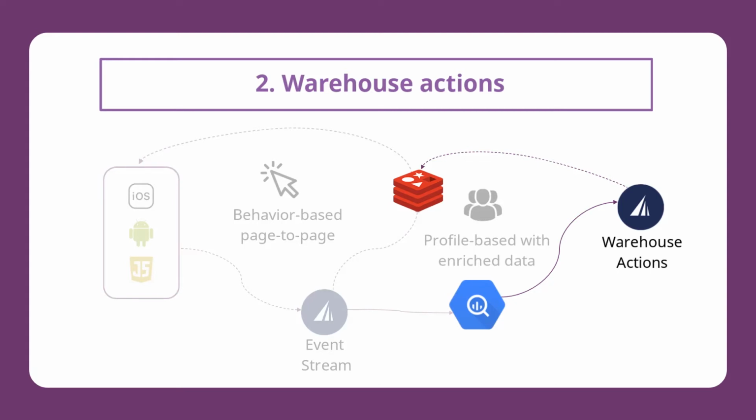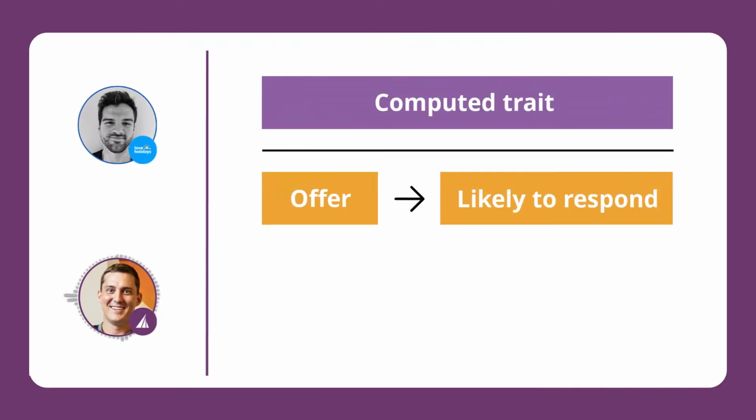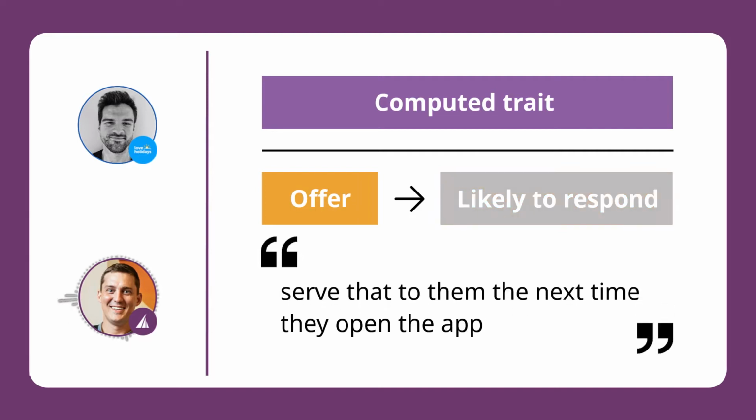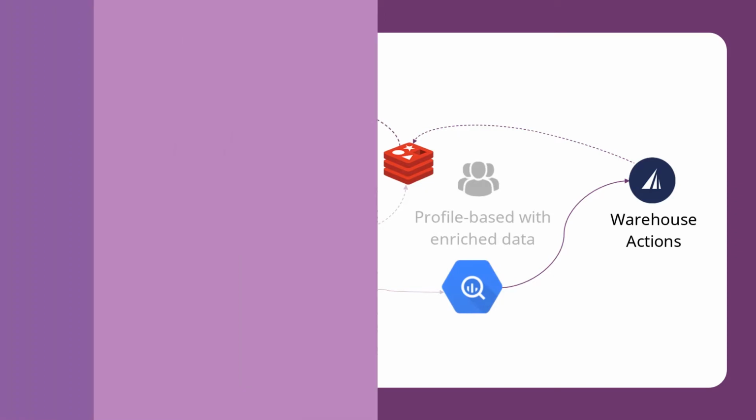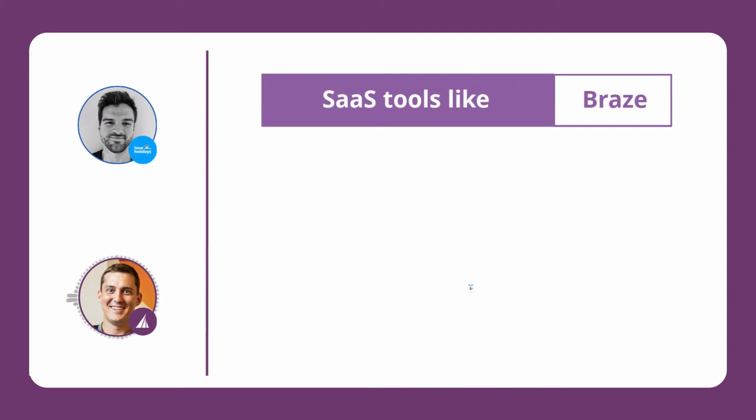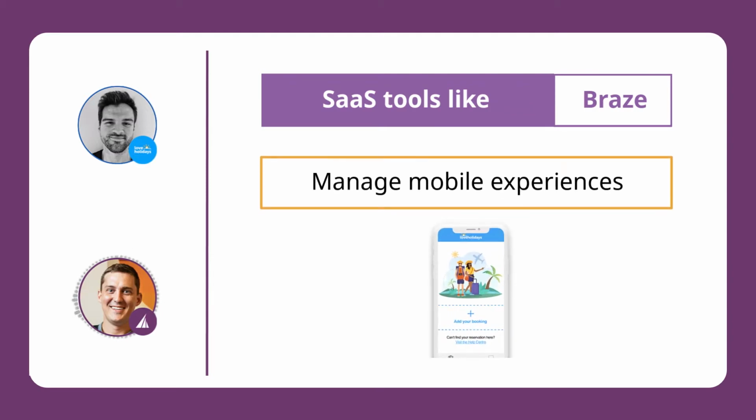Let's say you have a computed trait that says someone's more likely to respond to a particular offer in a particular season, and you want to serve that to them the next time they open the app. If you push that from the warehouse into Redis, and Redis is driving the model, or we even see companies using downstream SaaS tools like Braze that manage mobile experiences, or a lot of internal builds as well, you can drive that with computed traits on a profile level, which is really interesting.